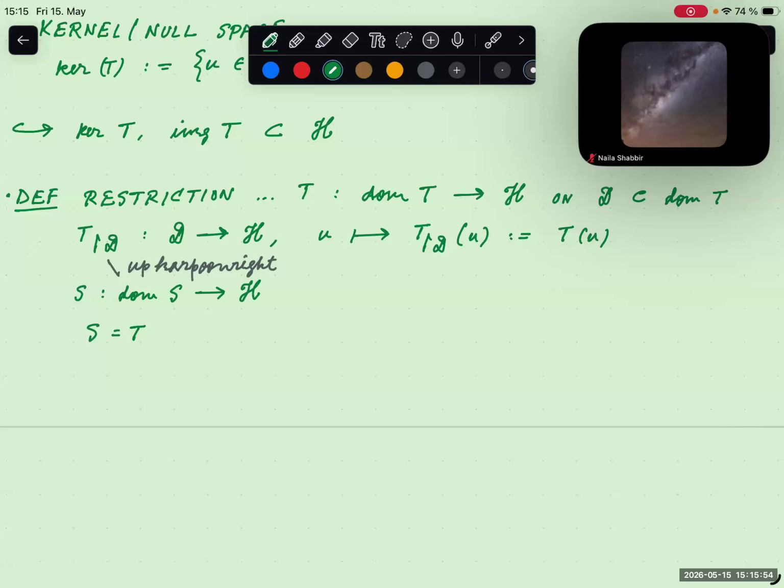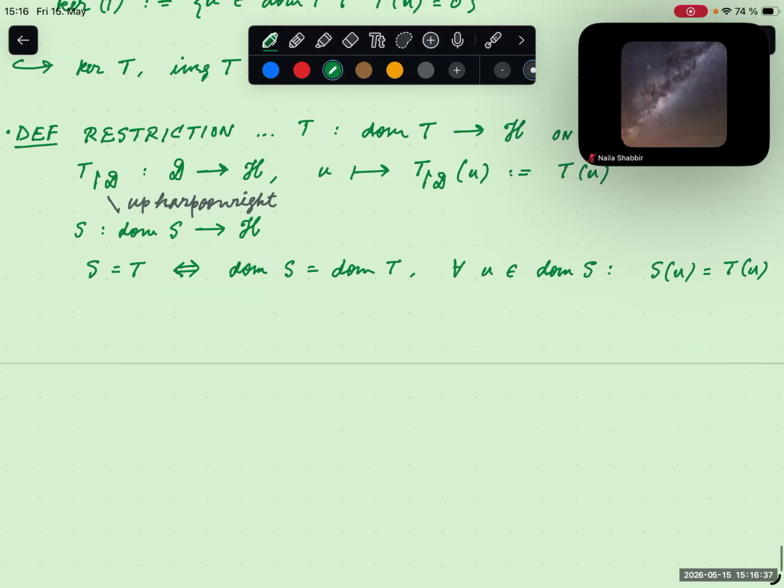But now, since we have a domain issue, they are equal if and only if their domains coincide and for all u in their domain, SU equals TU. Since both domains are the same, it doesn't matter which one you take. Okay, that's I think also expected.